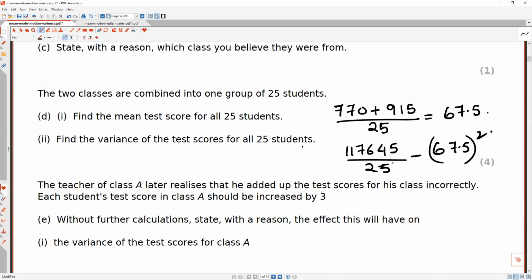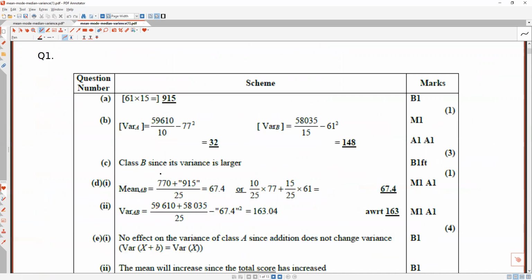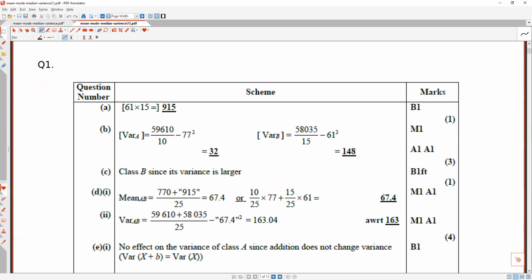I think it won't change, because your overall lowest score increases by 3 and your highest score increases by 3, so the range is still the same. So I feel like the variance will be the same. Let's see what they wrote: no effect on the variance of the class since addition does not change the variance.